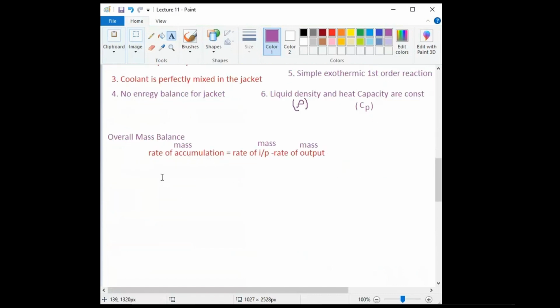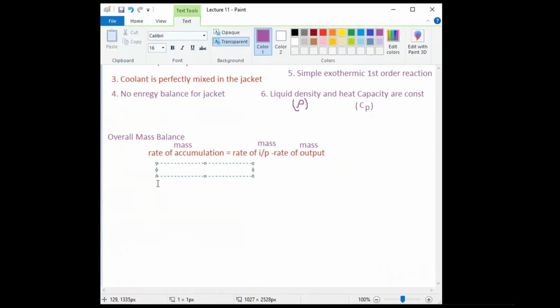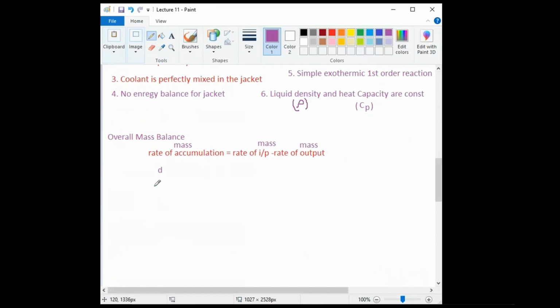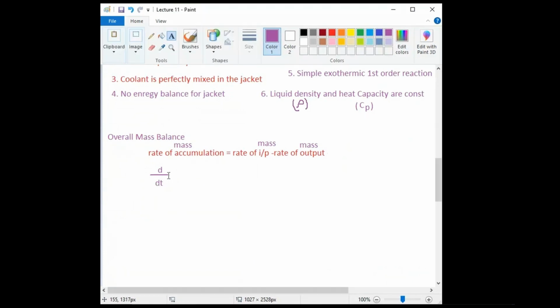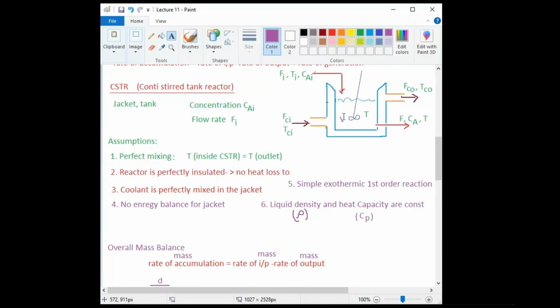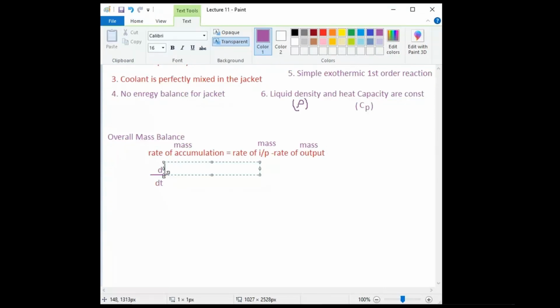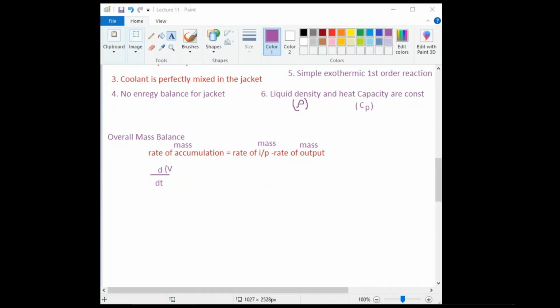Okay. So now we have to write the rate of mass accumulation. Because this is the rate, there will be d by dt. Now we have to write m. We do not have a mass variable here, so we can write it using the variables which we have.